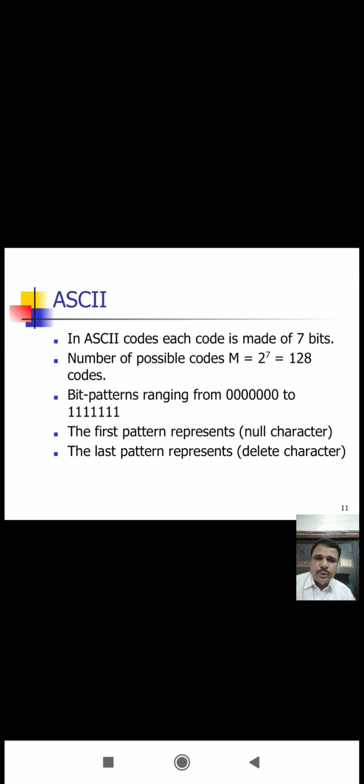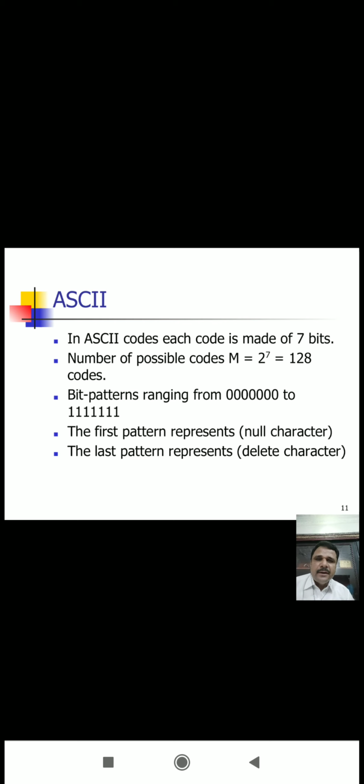This is actually 2 raised to power 7. How many combinations can be formed? 2 raised to power 7 means multiply 2 seven times: 2 to 4, 4 to 8, 8 to 16, 16 to 32, 32 to 64, 64 to 128. So, this is equal to 128 codes.